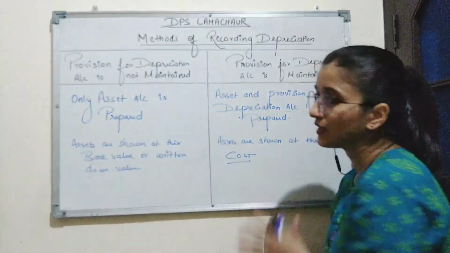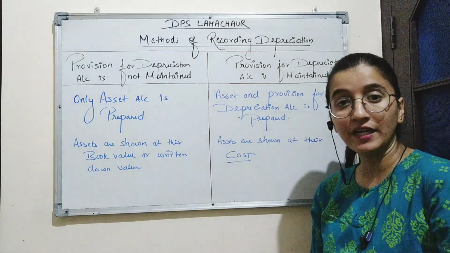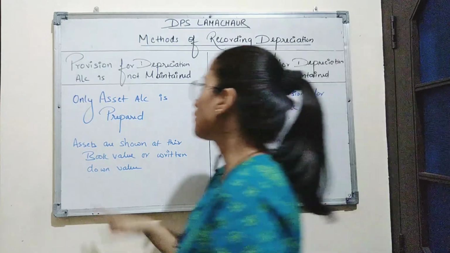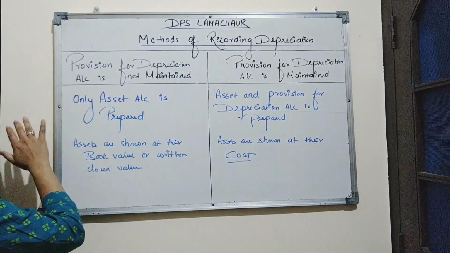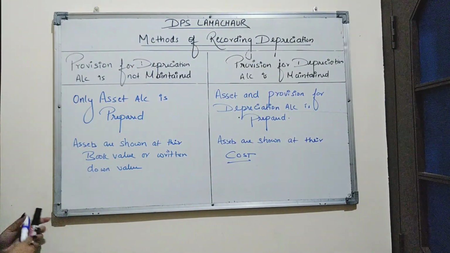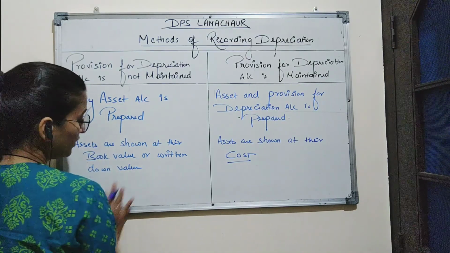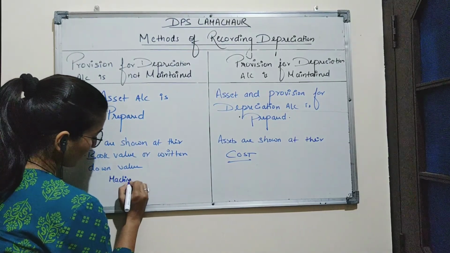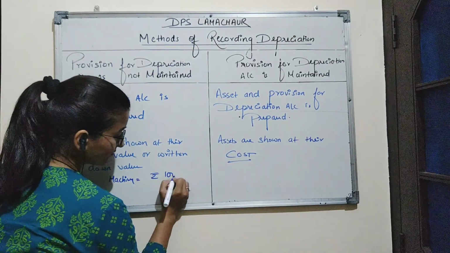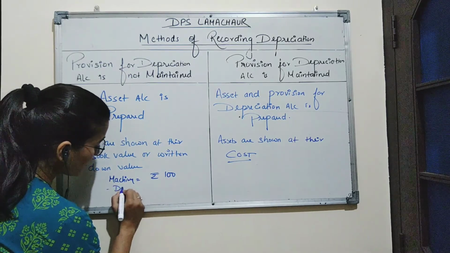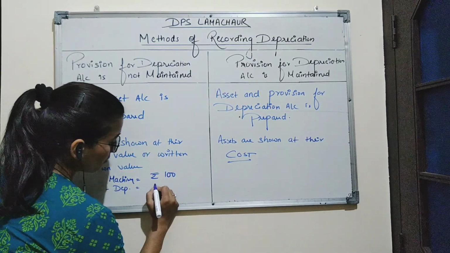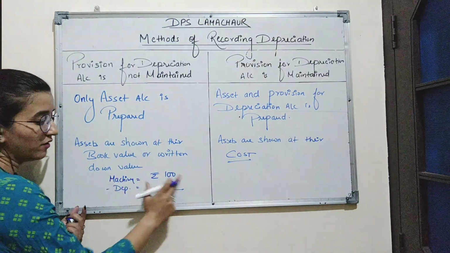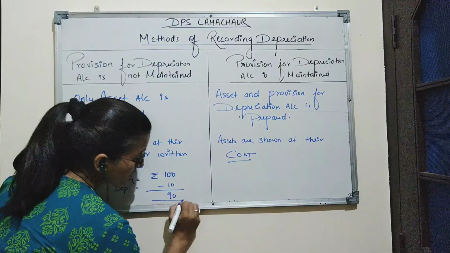Let's understand this with an example. There are different types of accountants who maintain the depreciation account differently. The accountant who does not maintain a provision for depreciation account prepares only the asset account. For example, if the cost of machinery is rupees 100 and its depreciated value is rupees 10, then by deducting rupees 10 from 100, we get 90.